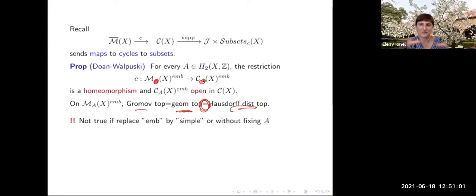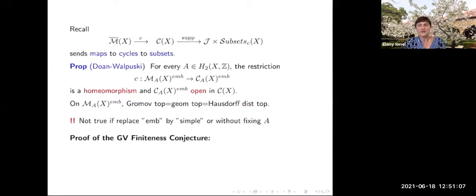Other questions? I tried to state one result in the form that we're using it. So very briefly, what's the proof then of the Gopakumar-Vafa finiteness conjecture? As I said, we had an earlier argument with Tom Parker that only allowed us to prove integrality, but we couldn't prove finiteness because we were using Gromov compactness and we couldn't control the genus.